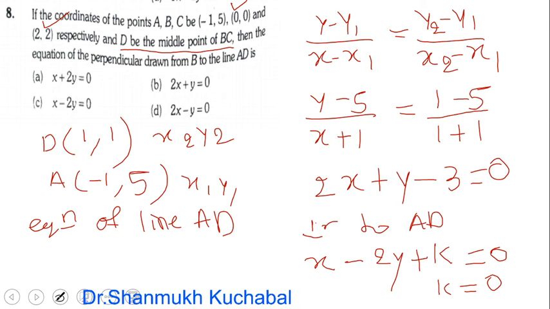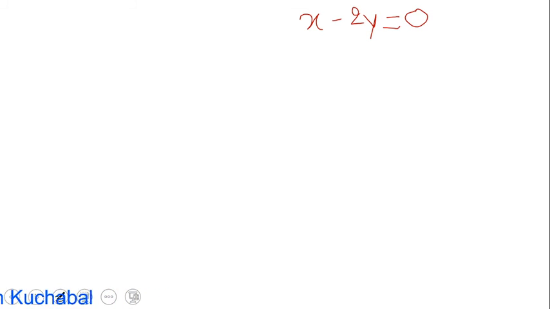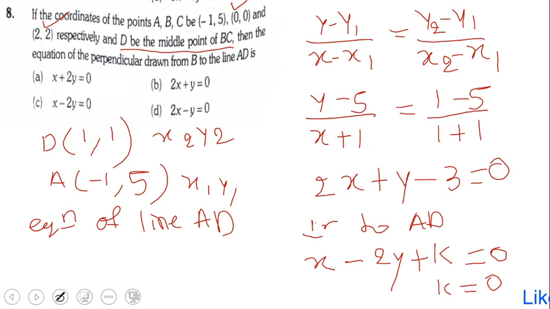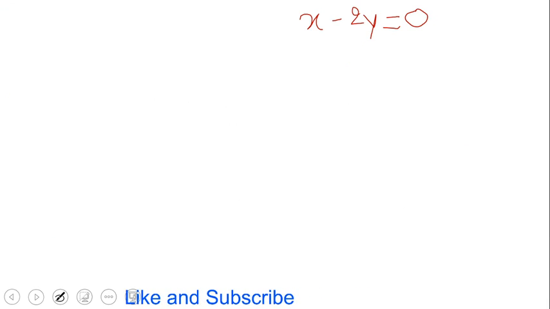Therefore, x minus 2y equal to 0. So next we get x equal to 2y. So x minus 2y equal to 0. Yes, option C is the right answer. Using the 2-point formula we have simplified this. This is the first page solution, this is the second page solution. Therefore option C is the right answer here.